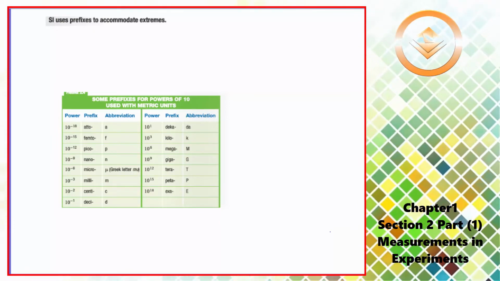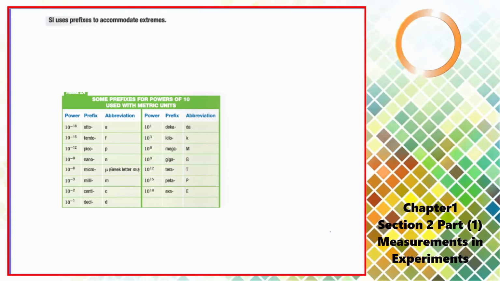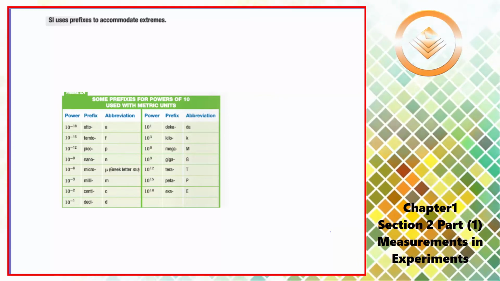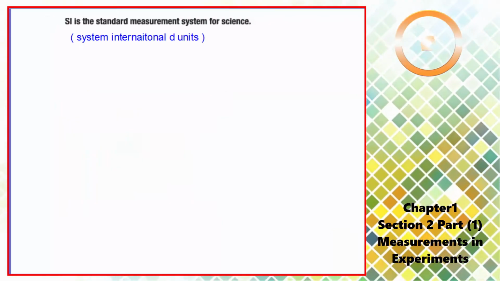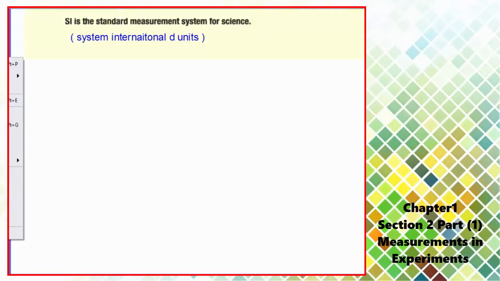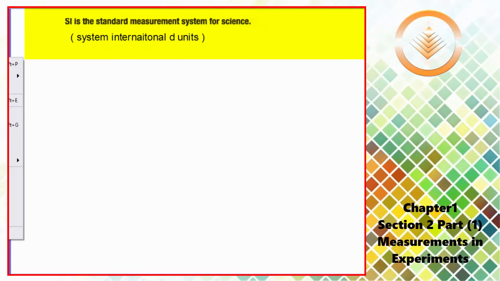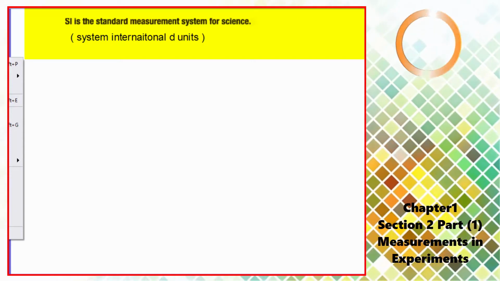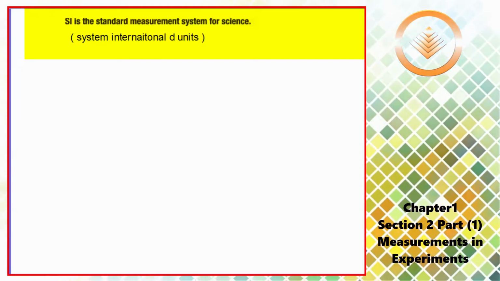Now we are going to see the meaning of SI and prefixes. What is the meaning of SI? SI is a short form for International System of Units, or Système International d'Unités.